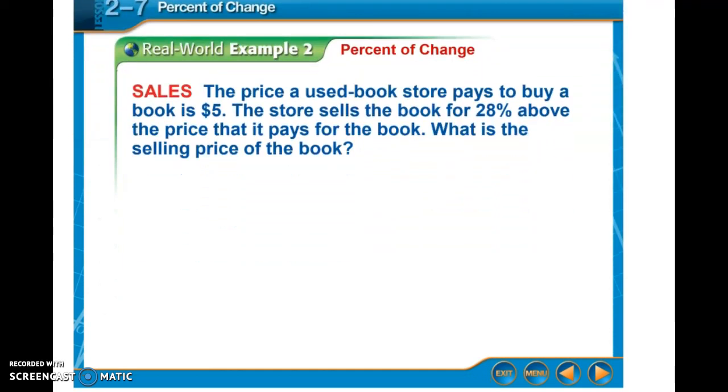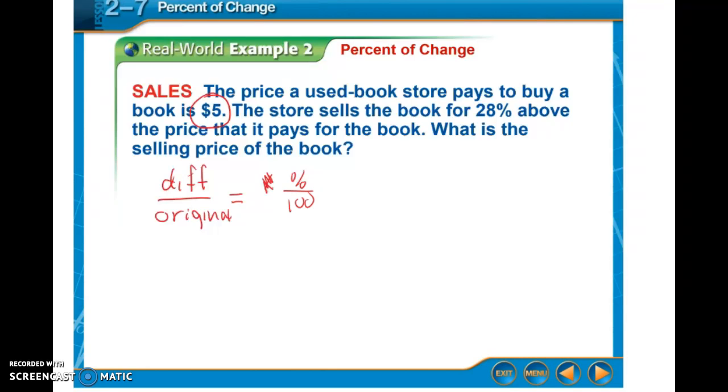The price a used bookstore pays to buy a book is $5. So this one would be our original price. The store sells the book for 28% above the price it pays for the book. So far all we know about our original proportion, which is the difference over the original, equals x, the percent over 100.